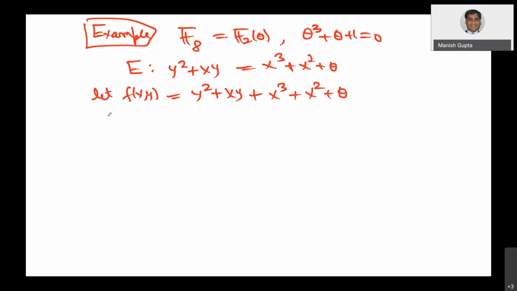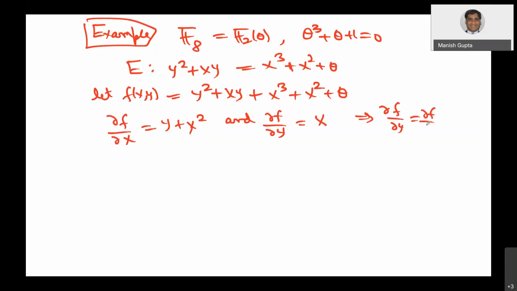So I can compute del f over del x, which will be y plus x square, and del f over del y will be x. This implies that when we put these things equal to 0, we will get x equal to 0 and y equal to 0, right?